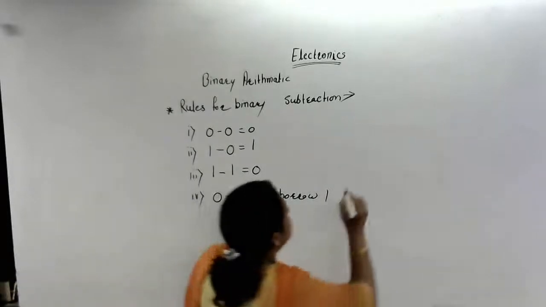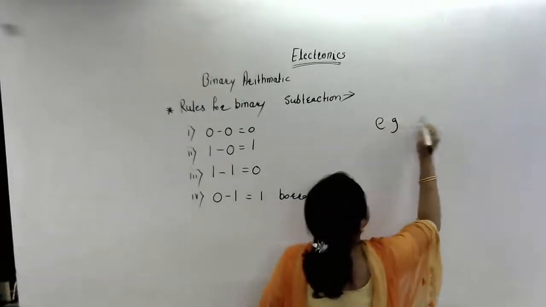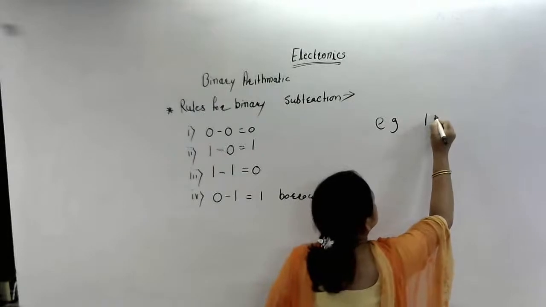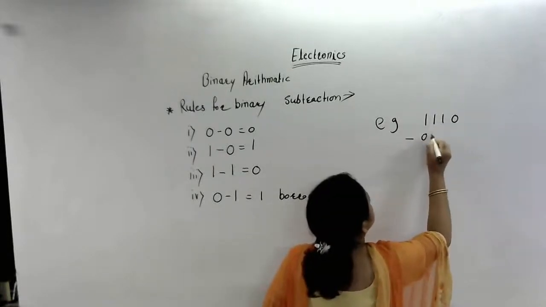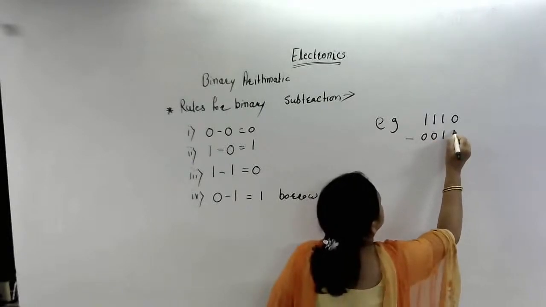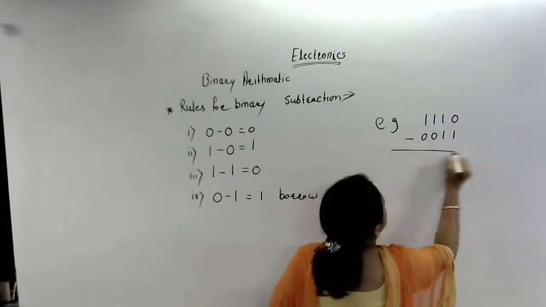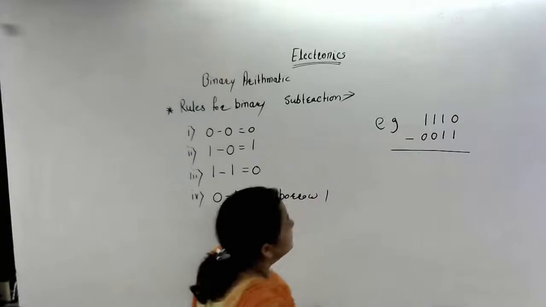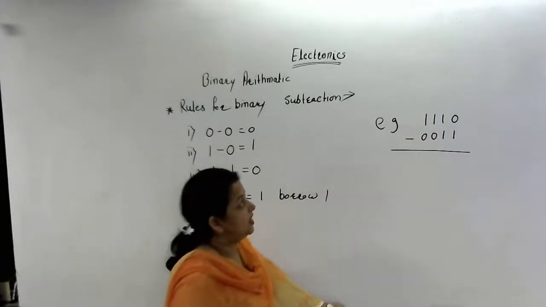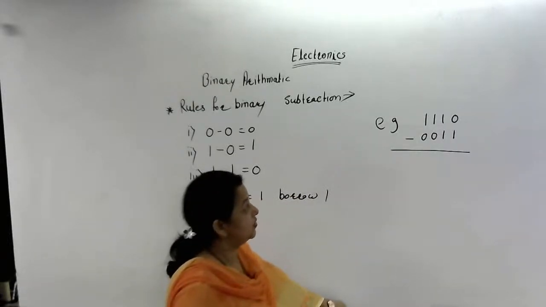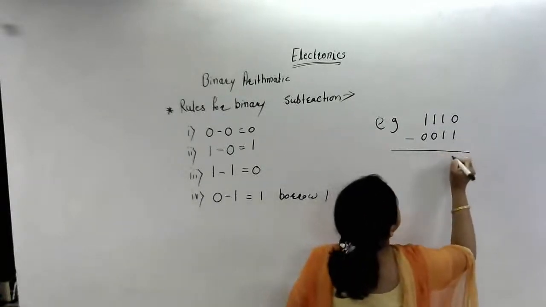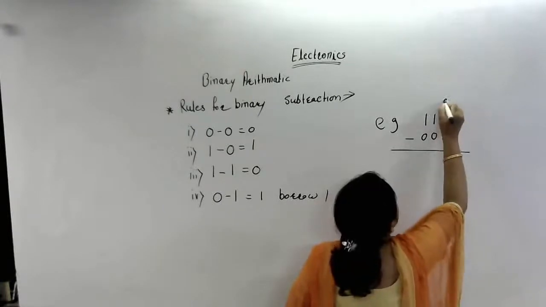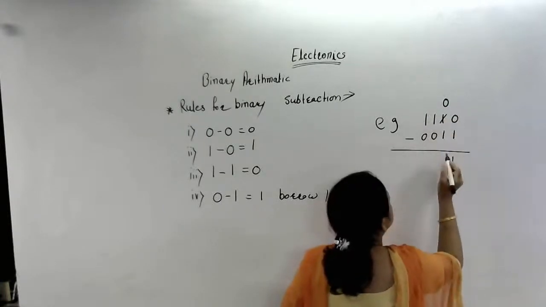For example, subtract the number 1110 minus 0011. So 0 minus 1 is 1 and borrow 1.